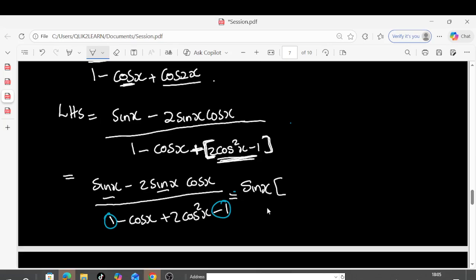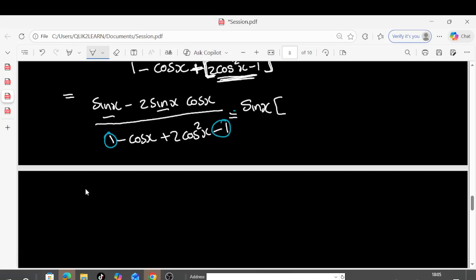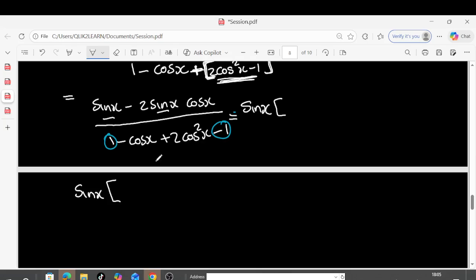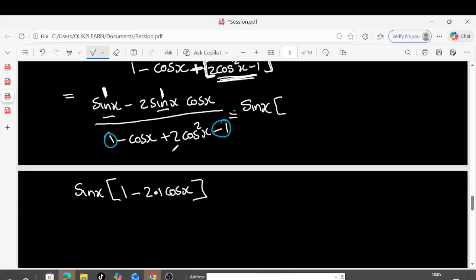So remember, when we take out the sine x as a common factor, whatever is inside the bracket, where there was sine x, we're going to replace it by 1. So I'll be left with 1 minus 2 times 1, cos x. Close the bracket. Then let's go to the bottom part.